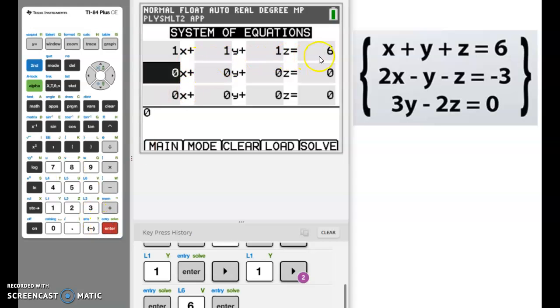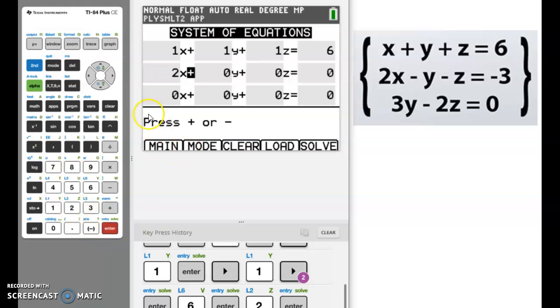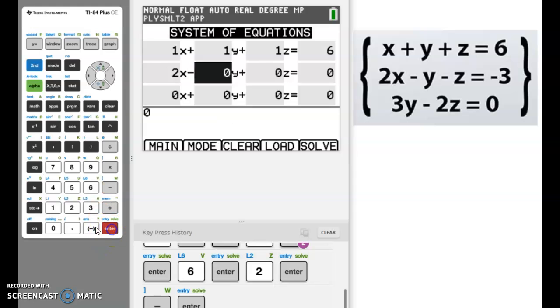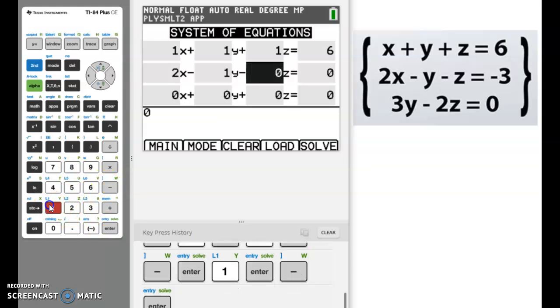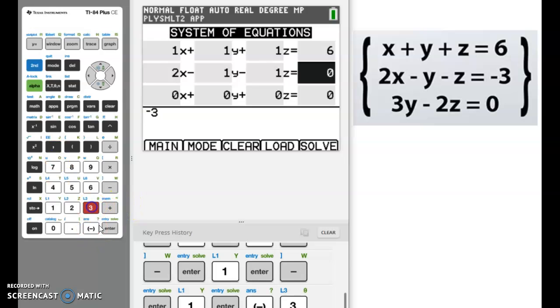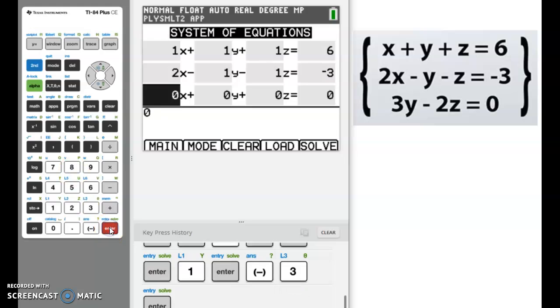Notice that when I was done with the first equation, it jumped down to the second line. Just follow along with the numbers that I'm inputting. And after each value, I'm pushing enter to kind of lock it in. Be careful to use the subtraction sign and the negative sign as appropriate.